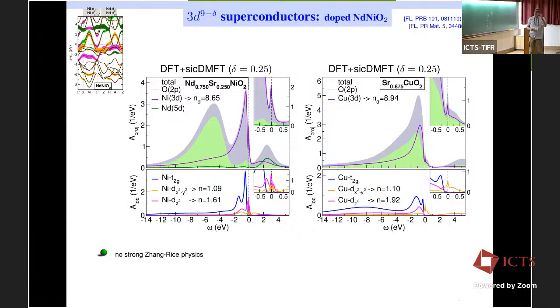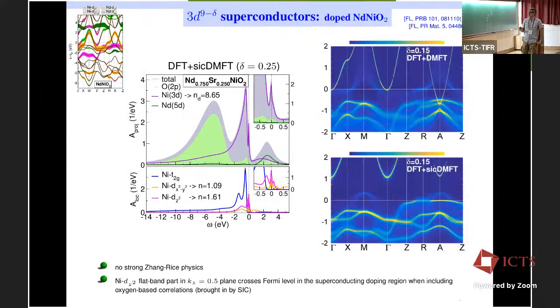So oxygen is still there, but it's not very strong Zhang-Rice physics because the incorporation of oxygen is much reduced. And we see that for some reason, this nickel d z square orbital, which is drawn here in pinkish, is also mixing in at the Fermi level. So it's really this two-orbital picture at the Fermi level against the one-orbital picture.